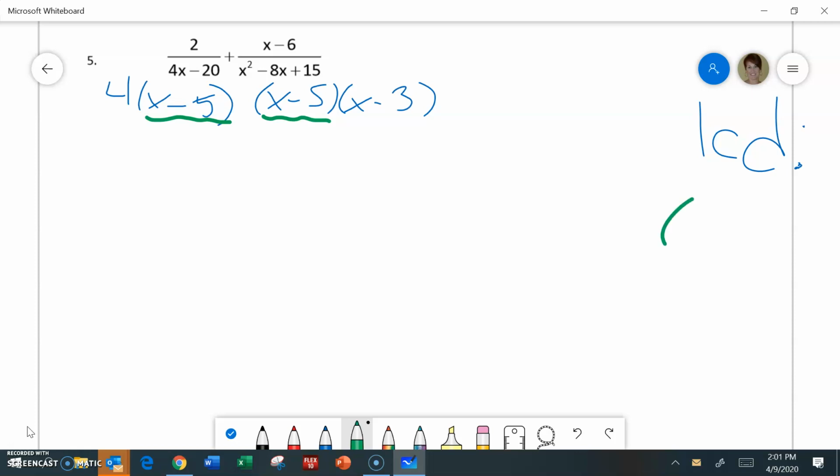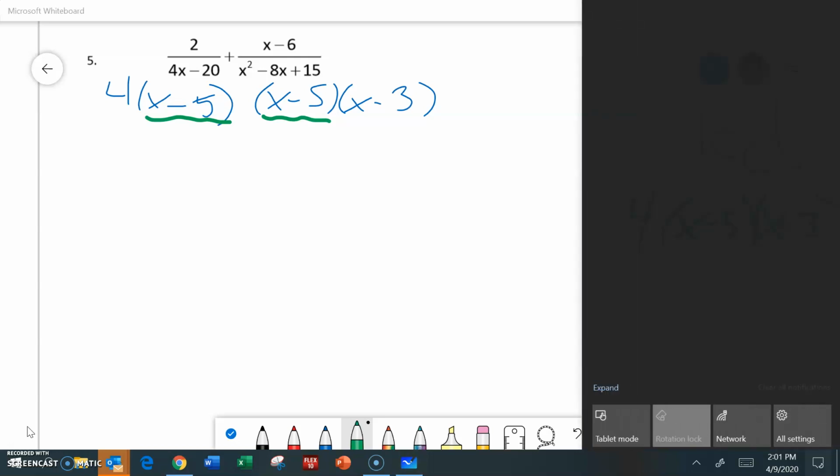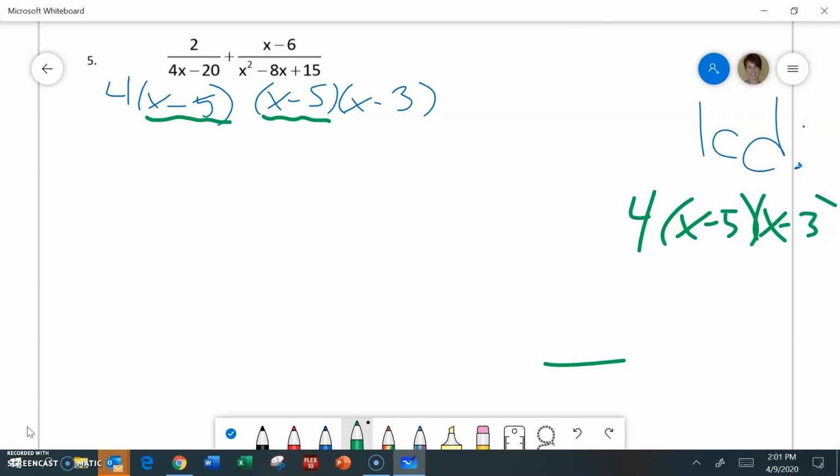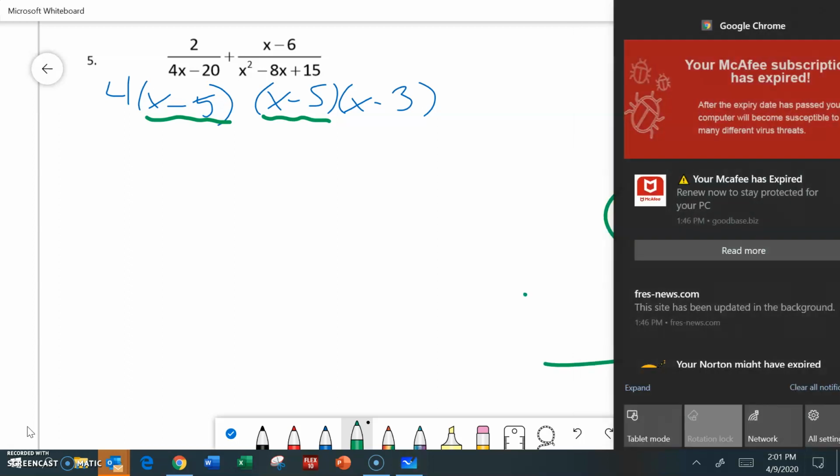So we know our LCD is going to involve an x minus 5. The first fraction has 4, so we have to multiply the second fraction by 4. And the second fraction has x minus 3, so we need the first fraction's denominator to have an x minus 3. So this ultimately is going to be our LCD.